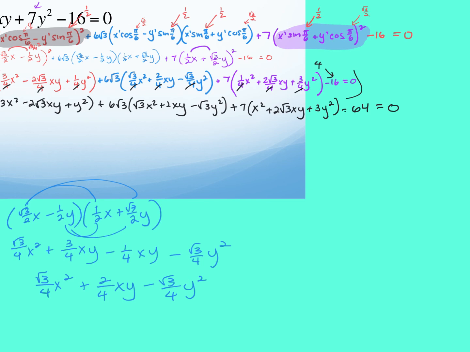Now what? I can put the 64 on the other side. I'm not going to rewrite that whole sucker though. Just remember to move it. Then what? Divide by 64. Not yet.